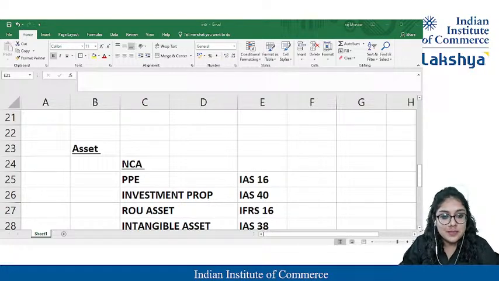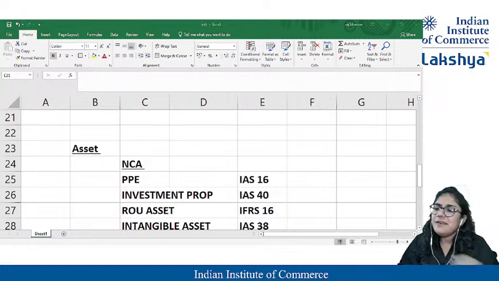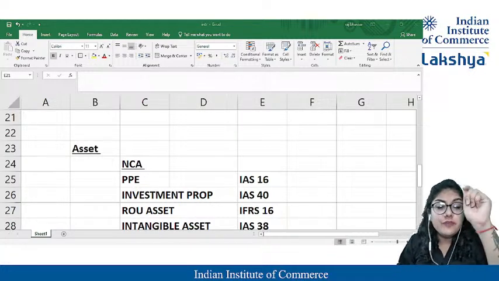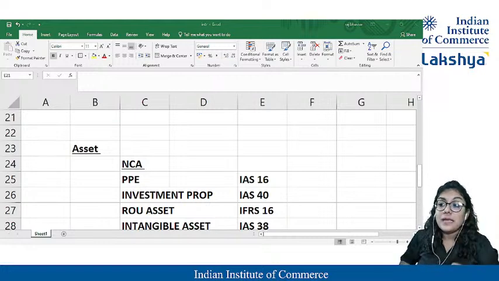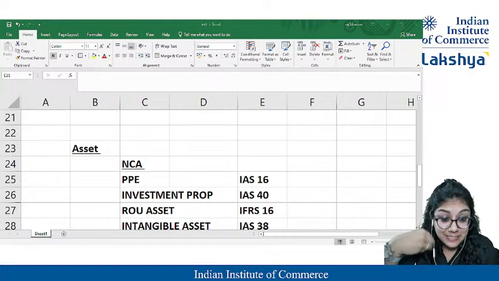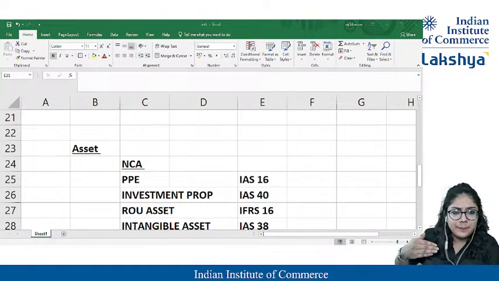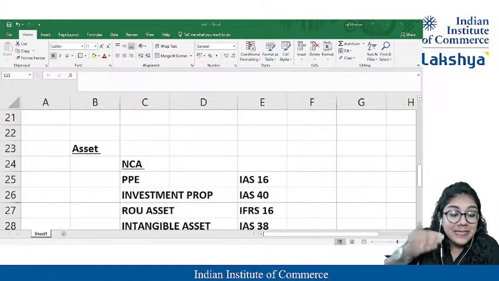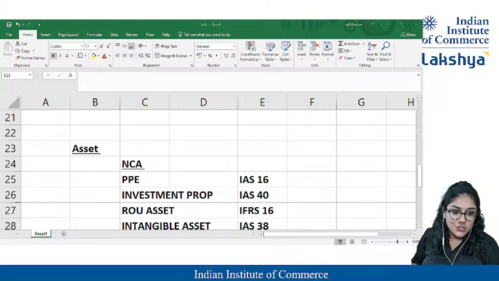Then we have the concept of IFRS 2, which talks about share-based payments. For example, my company has many employees, and I tell my employees that if you work in my company with some vesting conditions, like you have to work for a minimum of 5 years, then I'll give you my company's shares.